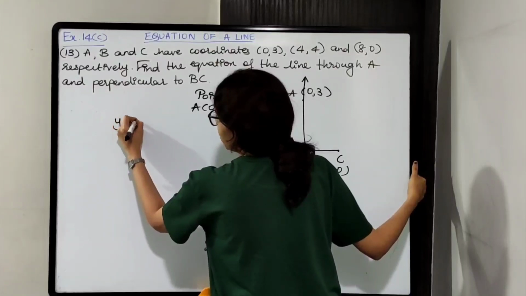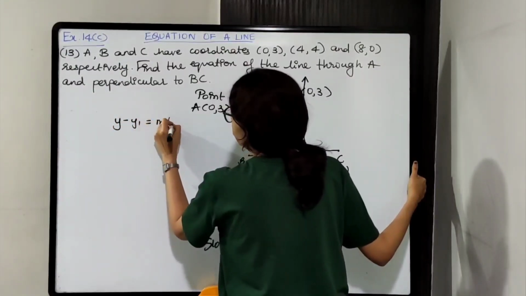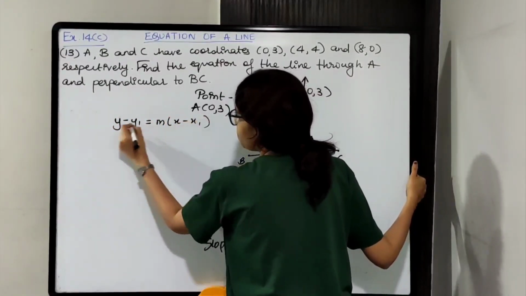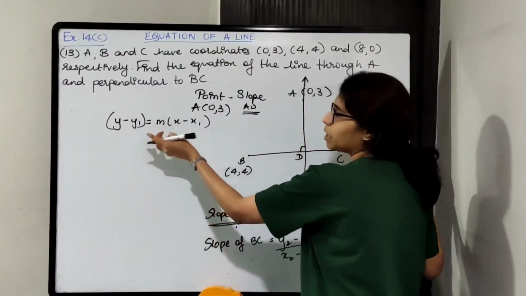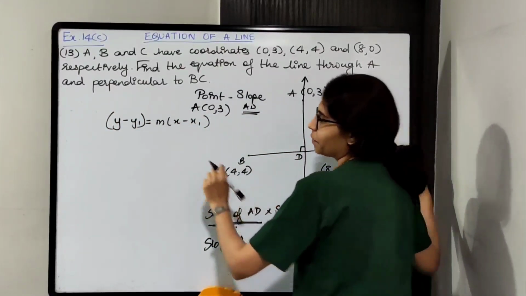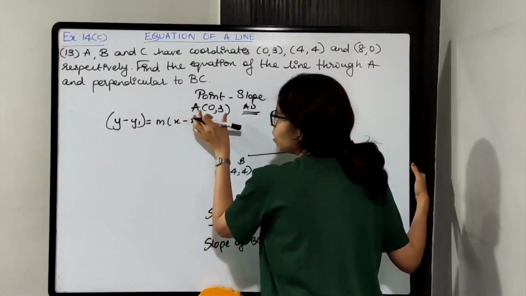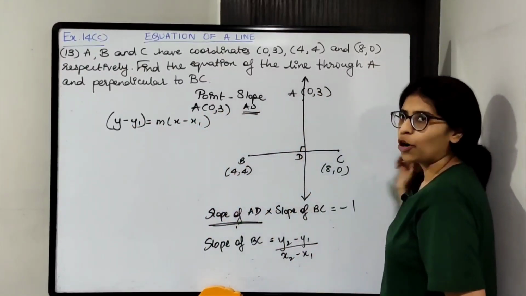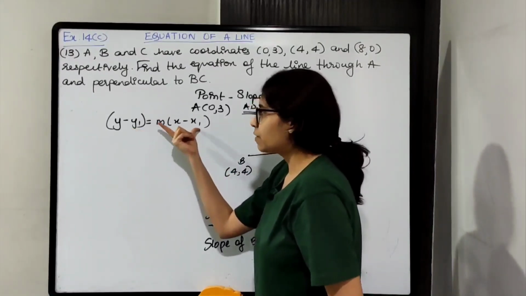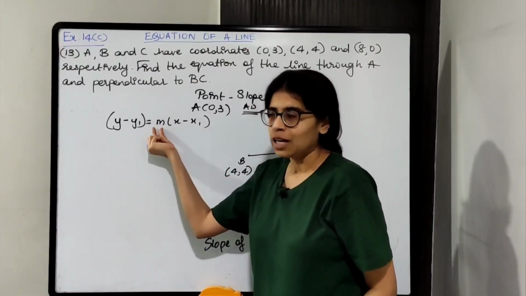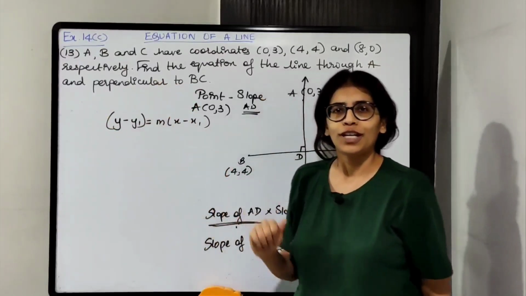It will be y minus y1 equals to m into x minus x1, where m is nothing but the slope of AD. x1 y1 क्या होगा? A का coordinates, the point which is lying on the line, उसका coordinates. So you'll put the values of x1 y1, put the value of m and get the equation of AD.